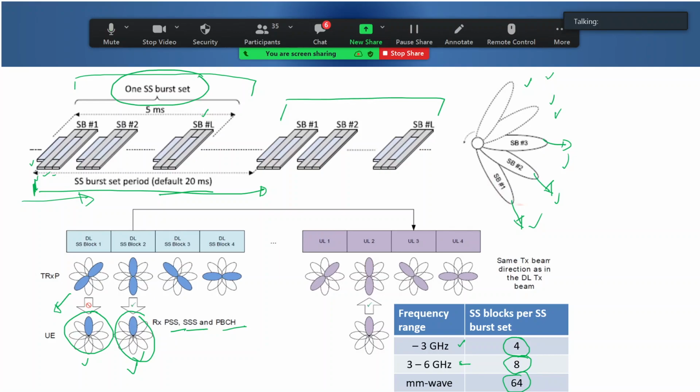So every 20 millisecond this SS burst would be transmitted. Why I said default? Because maybe in case of IoT and all, this periodicity would increase. Initially it will be 20 millisecond, but once the devices are kind of latched, it may be mutually decided to be changed to avoid use of energy, right? So any question on this slide before I proceed?